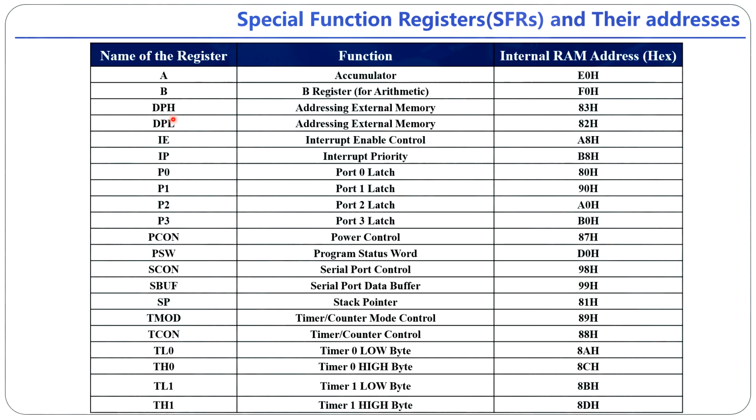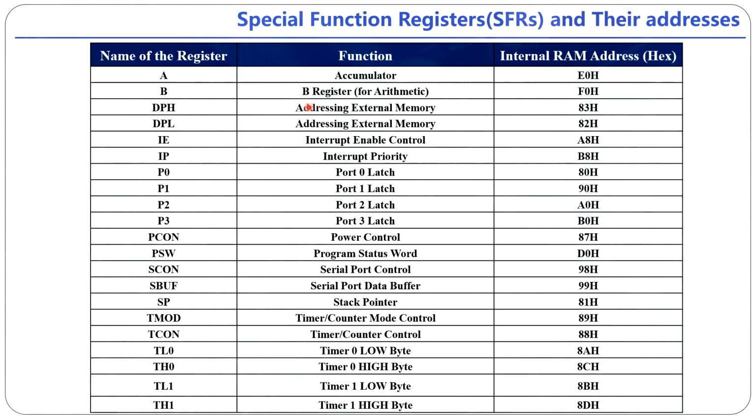First of all, we can see here the A register. The function of this register is accumulator. It is beneficial for storing the result of arithmetic and logical operations. The location of this register is E0H.